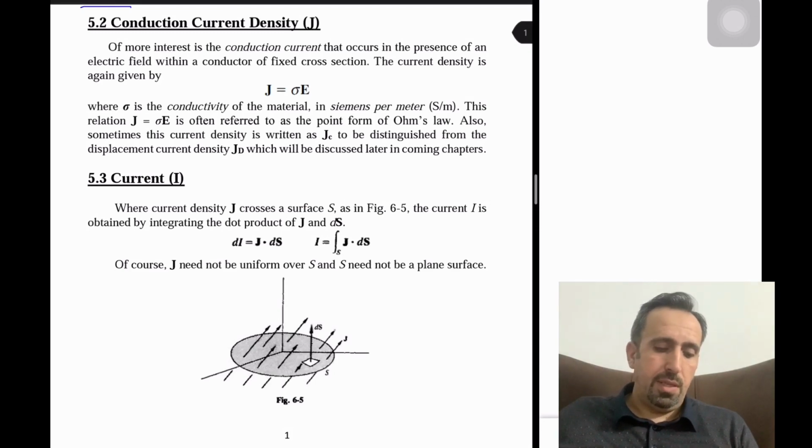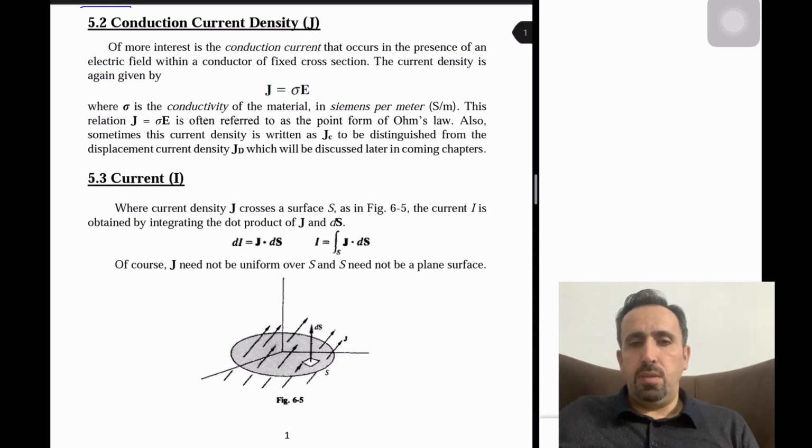Because we have another type of current density that will be taken in next chapters, specifically in chapter number 13. It is a displacement current density. So you have two types of current density, JC and JD. JC is conduction current density, which depends totally on the conduction of materials, while JD is displacement current density.